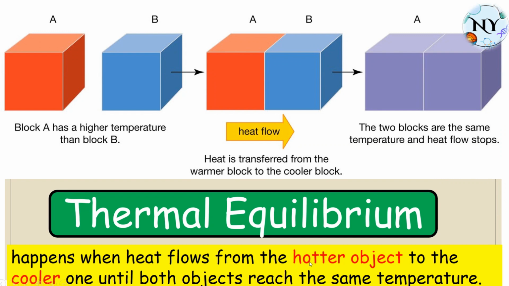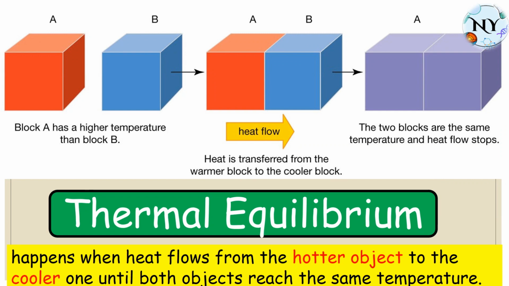So again, from the beginning, be focused. We have here two objects, A and B. One of them is hot, another one is cold. They are in direct contact. They touch each other. So of course, heat transfers from the hot object to the cold object until they become warm, until they reach the same temperature.